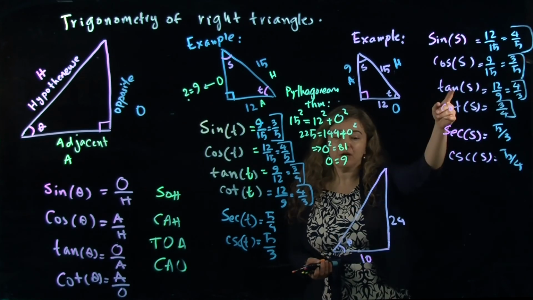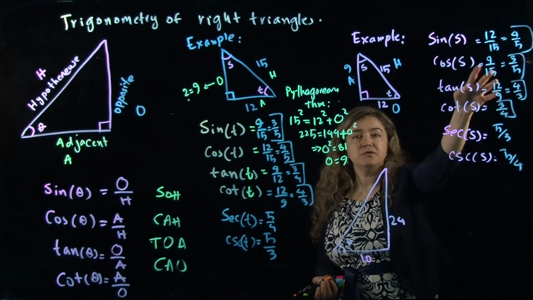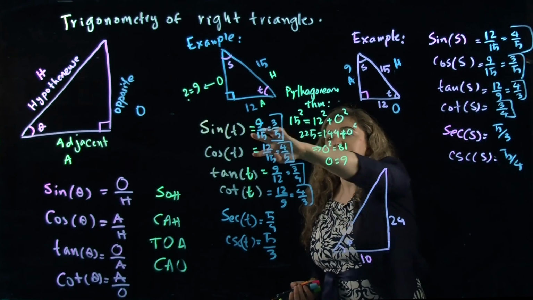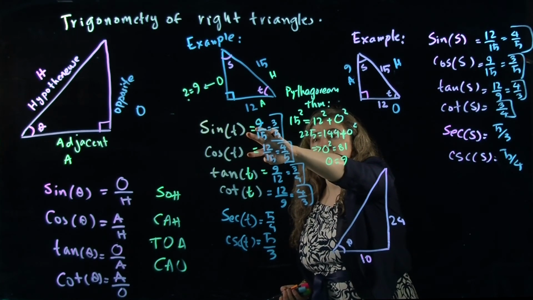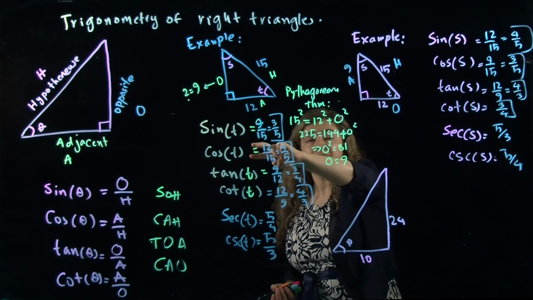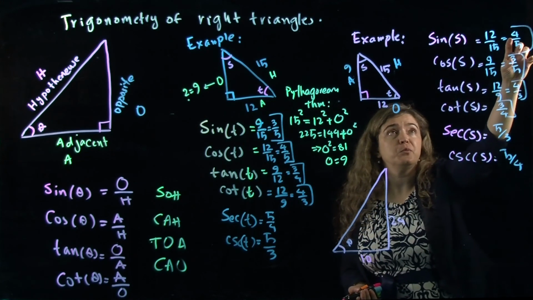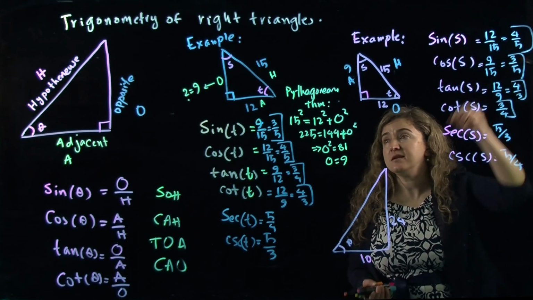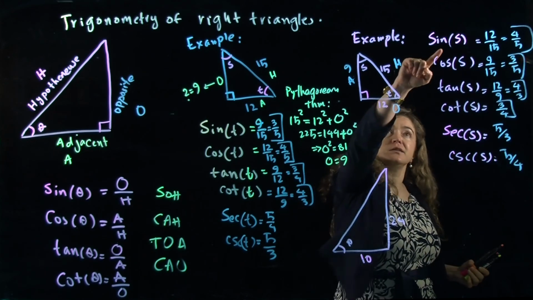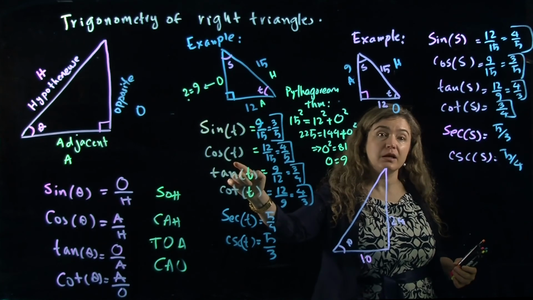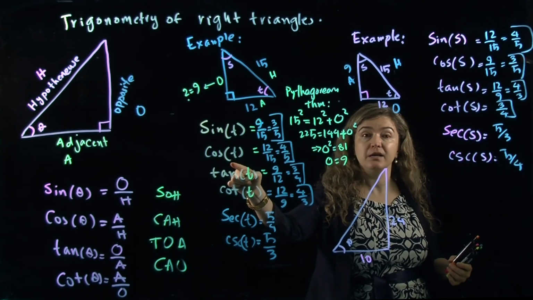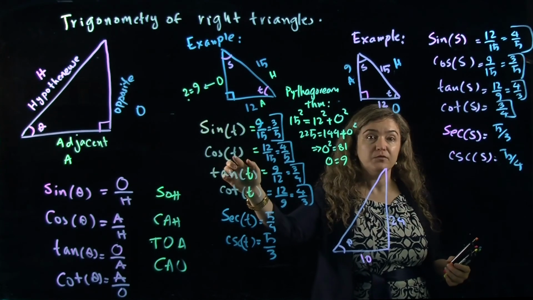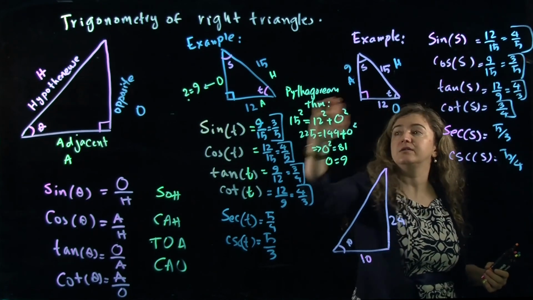And you can compare these values to these values. Here, the sine and cosine of t switched when they became sine of s and cosine of s. So basically, sine of s is equal to the cosine of t, which is the cofunction of sine for t, and then the other way around.